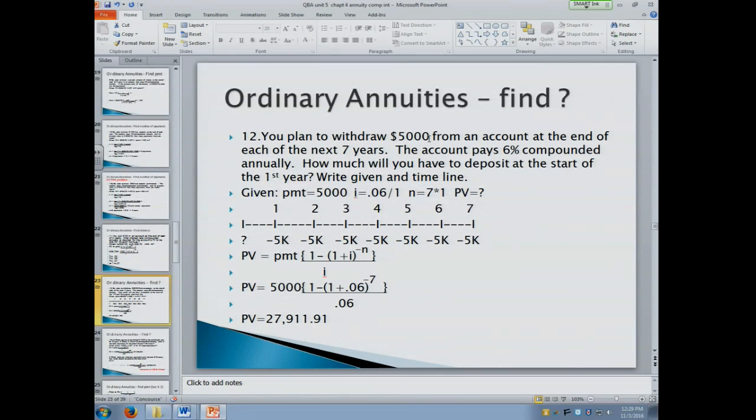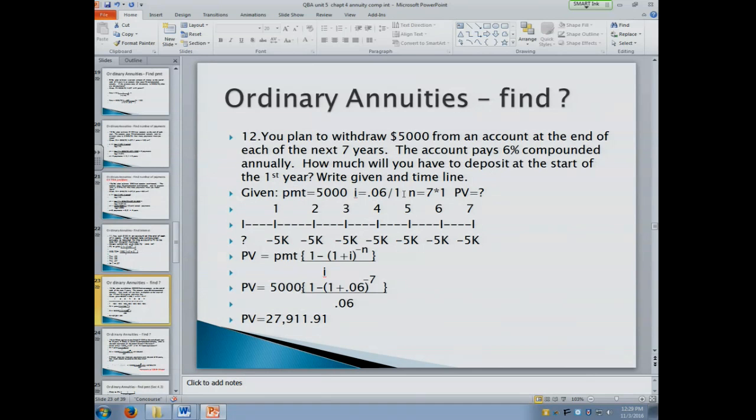Number 12, you plan to withdraw $5,000 from an account at the end of the next 7 years. The account pays 6% compounded annually. How much will you have to deposit at the start of the first year? Okay, write the givens and a timeline. So your payment is $5,000.